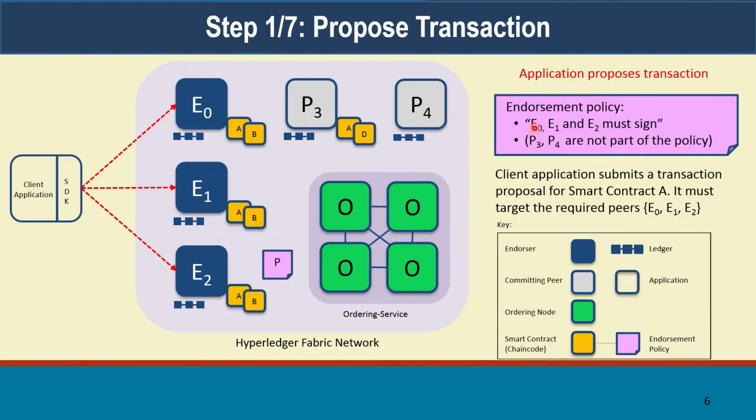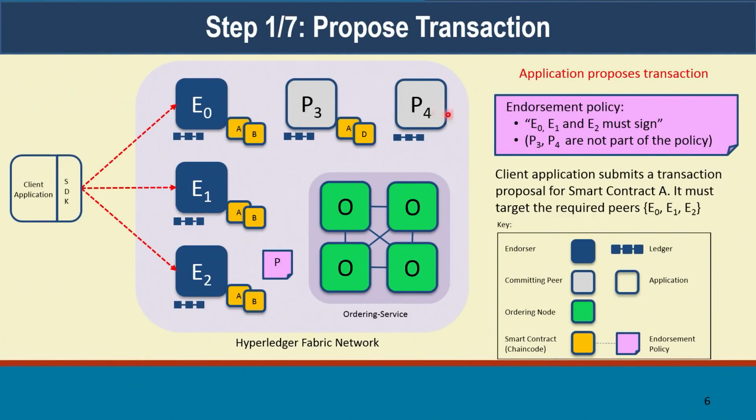Or I could say, between E0, E1, and E2, if any two out of the three sign, then this is a valid transaction. So there is an endorsement policy that is pre-specified along with the smart contract, and the client application has to satisfy it. It has to communicate with enough peers to gather endorsements for that transaction.